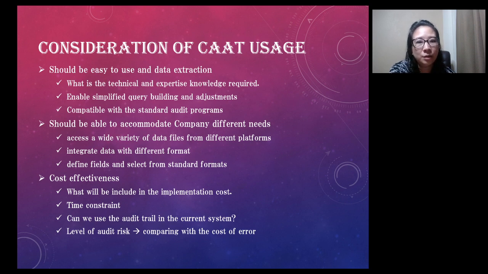So if the error happens and we don't find it using the CAAT tool, and the cost is very expensive, then we can consider building the CAAT tool to prevent the error so the company will not incur losses. Okay, so these are the several considerations that we need to think about before we use the CAAT.